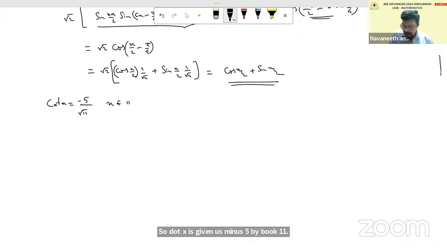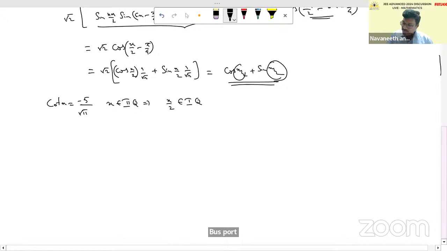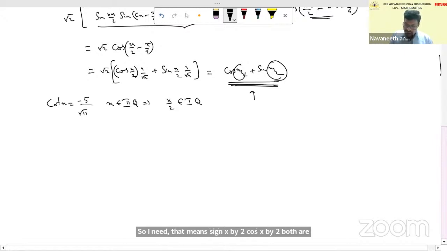And x belongs to second quadrant. And you can notice that we need x by 2 here. So you can see if x is second quadrant, then x by 2 is going to be in the first quadrant. So sin x by 2, cos x by 2, both are going to be positive here. Whereas cot x is negative because x is in the second quadrant.